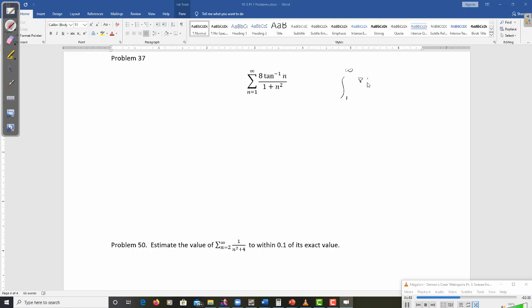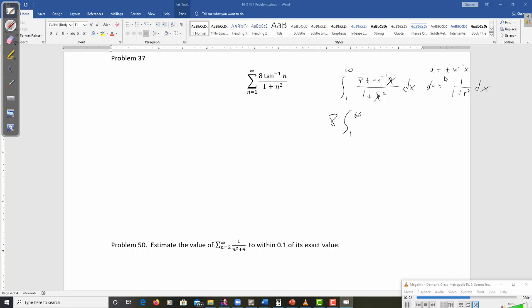So the integral of 8 inverse tangent of n over 1 plus n squared. What we're going to do here is a simple substitution, I think, because u equals inverse tangent of x, and its derivative is 1 over 1 plus x squared dx. So this is just going to be 8 times the integral from 1 to infinity.